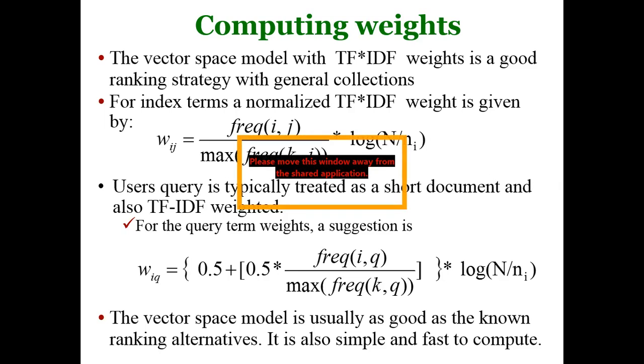But queries are not considered as documents. Why? Because queries are small documents. Why? They contain only a few terms. So documents are considered long documents, but queries are considered short documents.